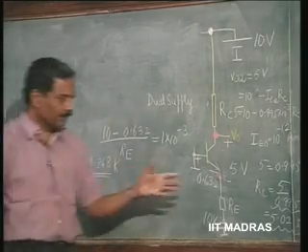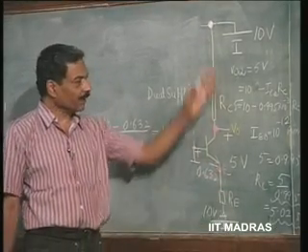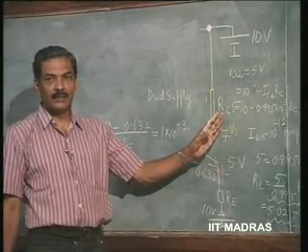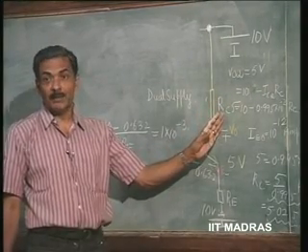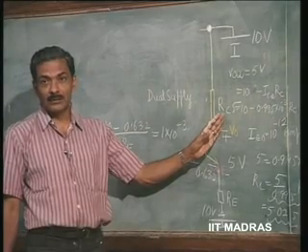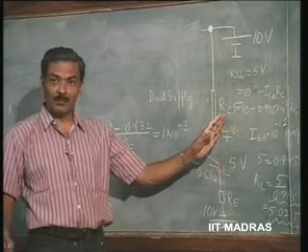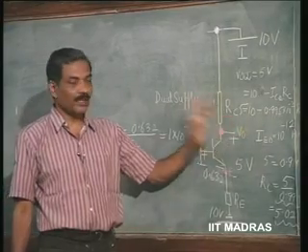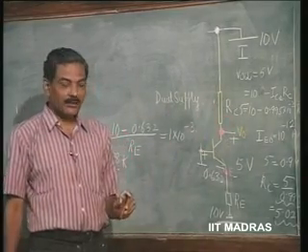So, if emitter current is fixed as 1 milliampere, collector current has got to be 0.995 times that, or 0.99 depending upon the alpha. So, whether it is 0.995 or 0.99, it is very nearly 1 milliampere. So, it does not really matter.